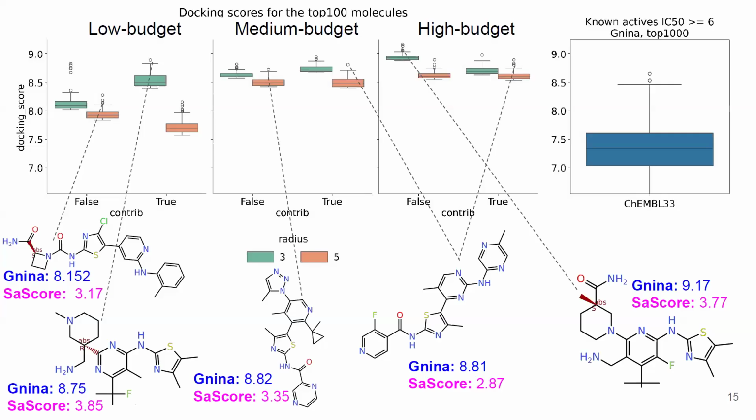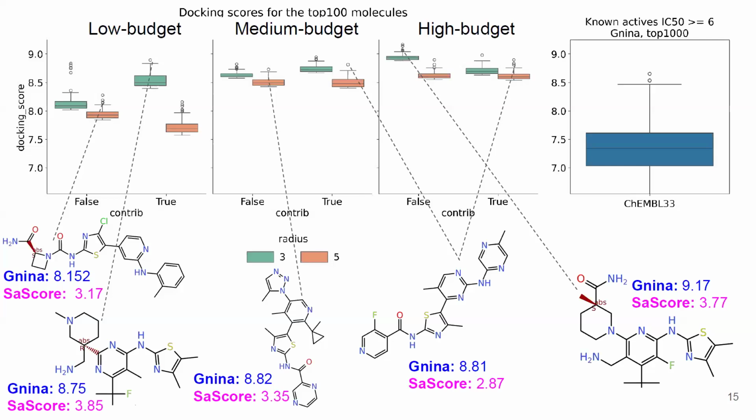But more interesting, even by running just 2,000 dockings, generating just 2,000 molecules, we could already reach a little bit worse, but similar results as for the high budget for the maximum molecules, which is quite nice.